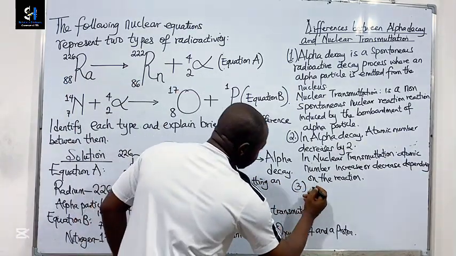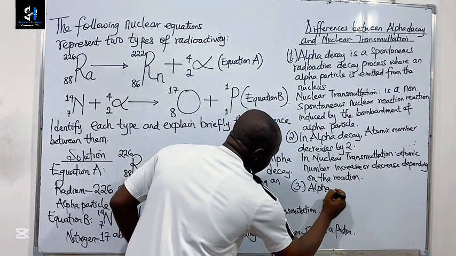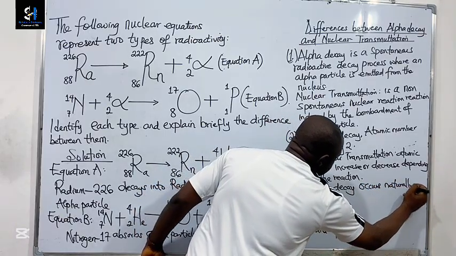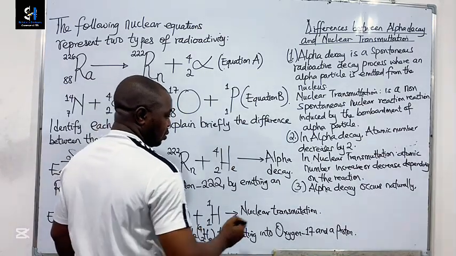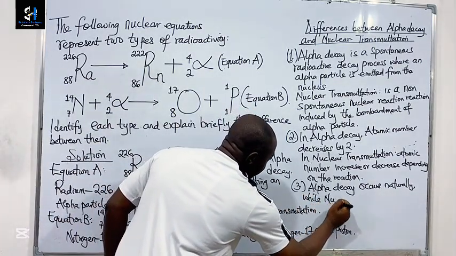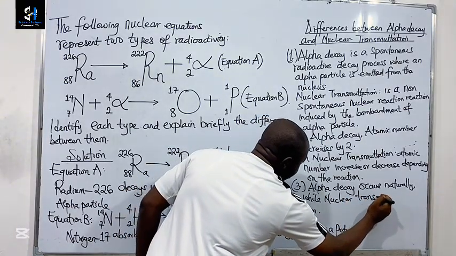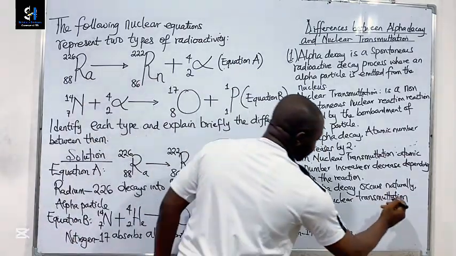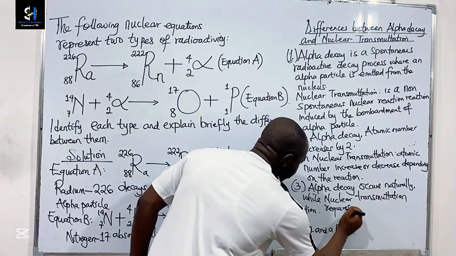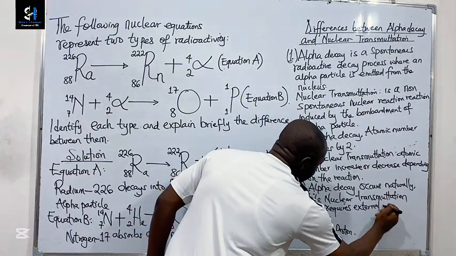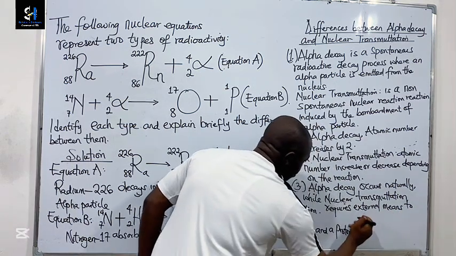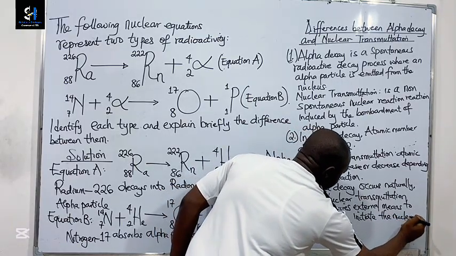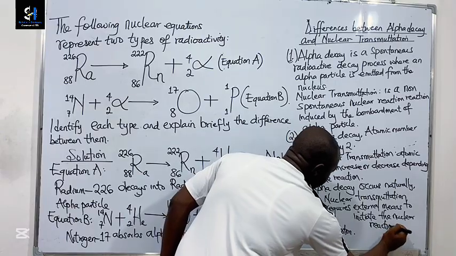Now let's take number 3. Alpha decay occurs naturally, while nuclear transmutation requires external means to initiate the nuclear reaction.